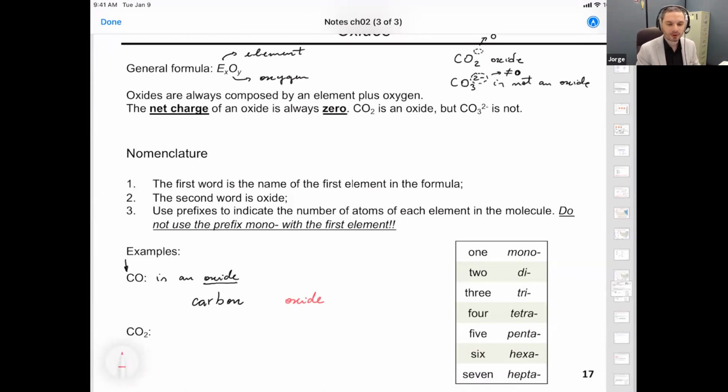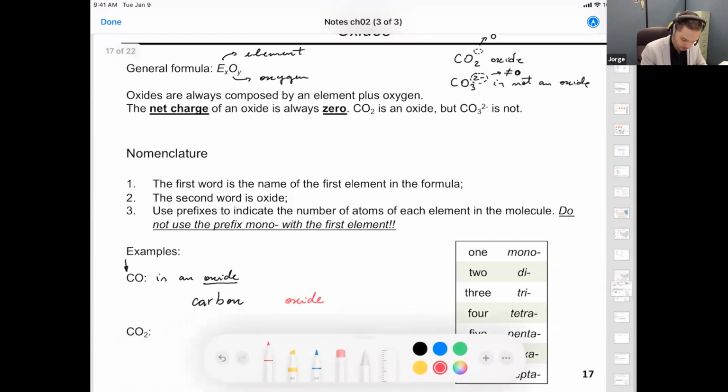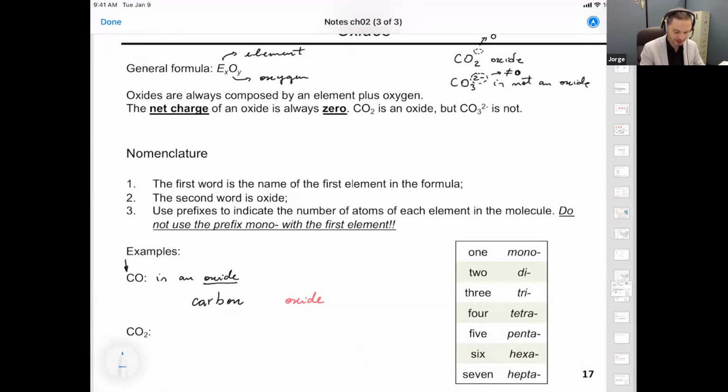Third step, you have to use prefixes to indicate the number of atoms of each element in the molecule. Attention here, do not use the prefix mono with the first element. So let's add the adequate prefixes.